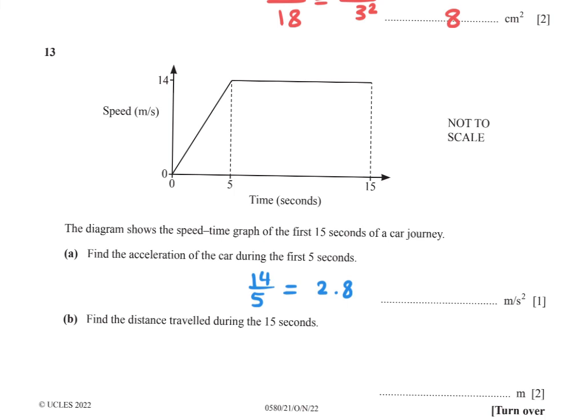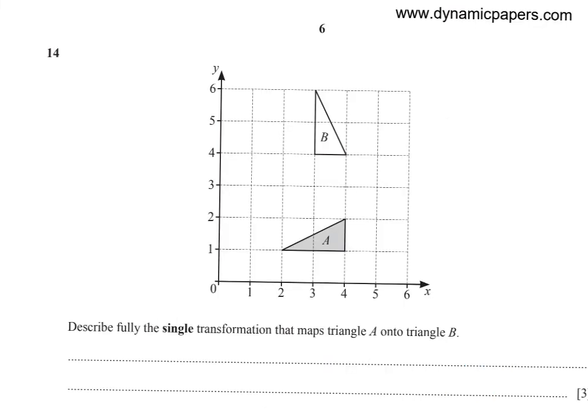Half into base 1, which is 15, plus base 2, which is 10, because it goes from 5 to 15, times the height, which is 14. So the answer is 175.